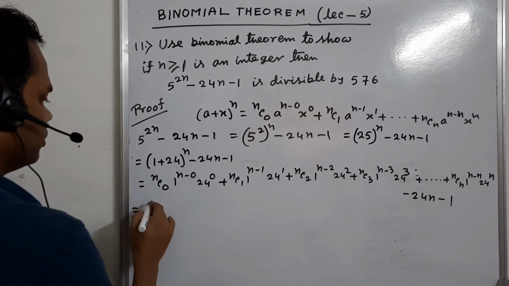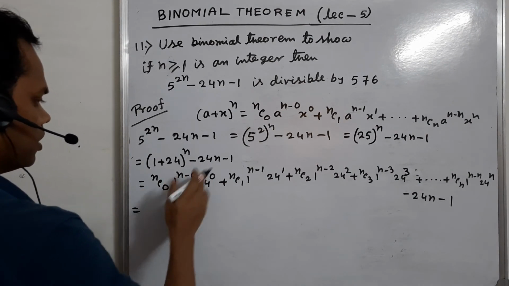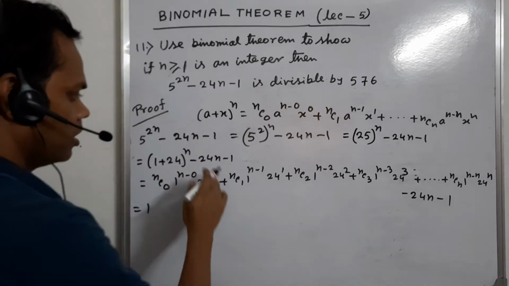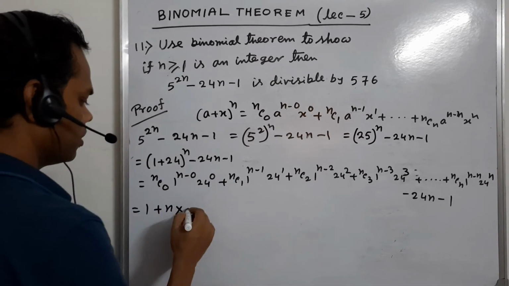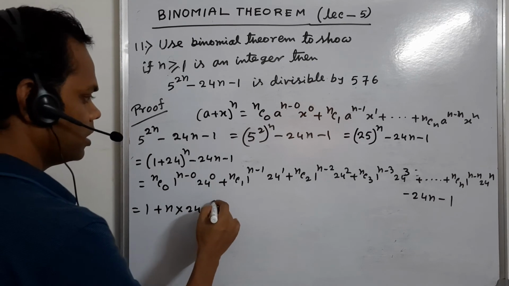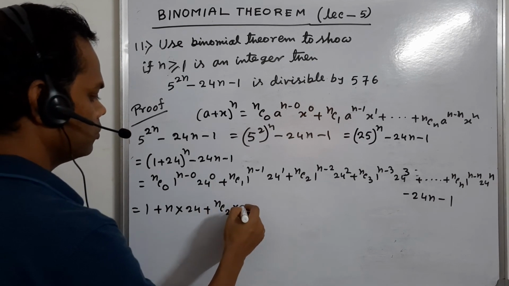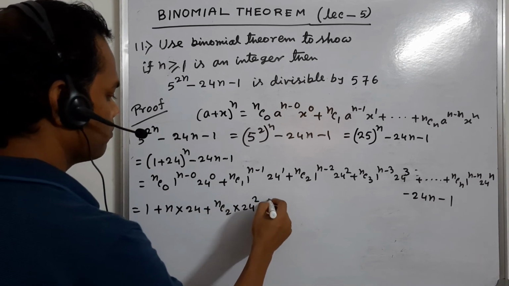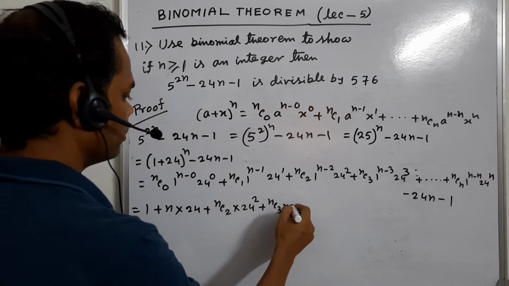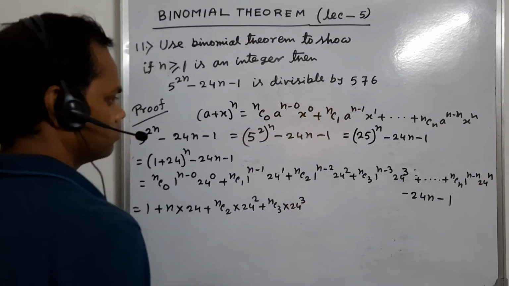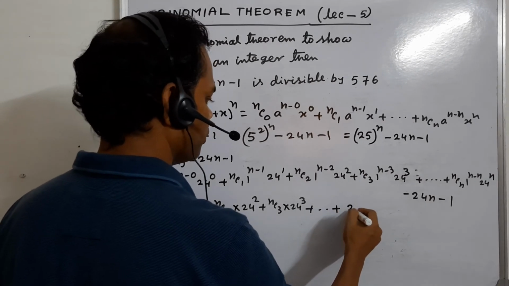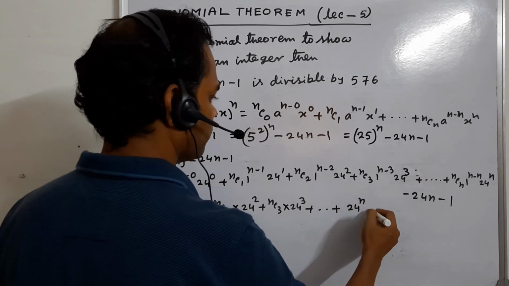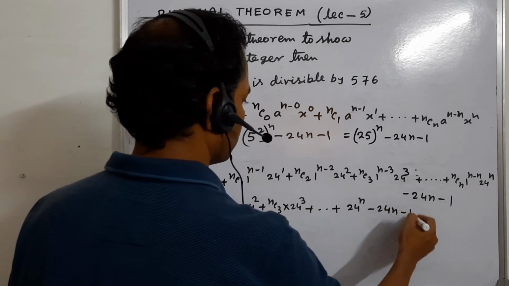So nC0 is 1, 1 to the power n minus 0 is 1, 24 to the power 0 is 1, nC1 is n, 24 to the power 1 is 24, plus nC2 into 24 square plus nC3 into 24 cube plus dot dot nCn is 1, so 24 to the power n, minus 24n minus 1.